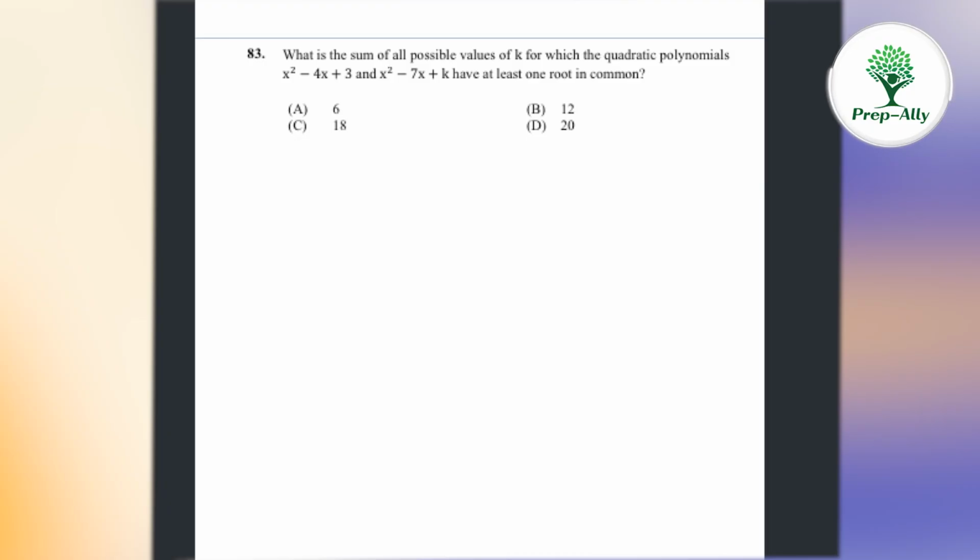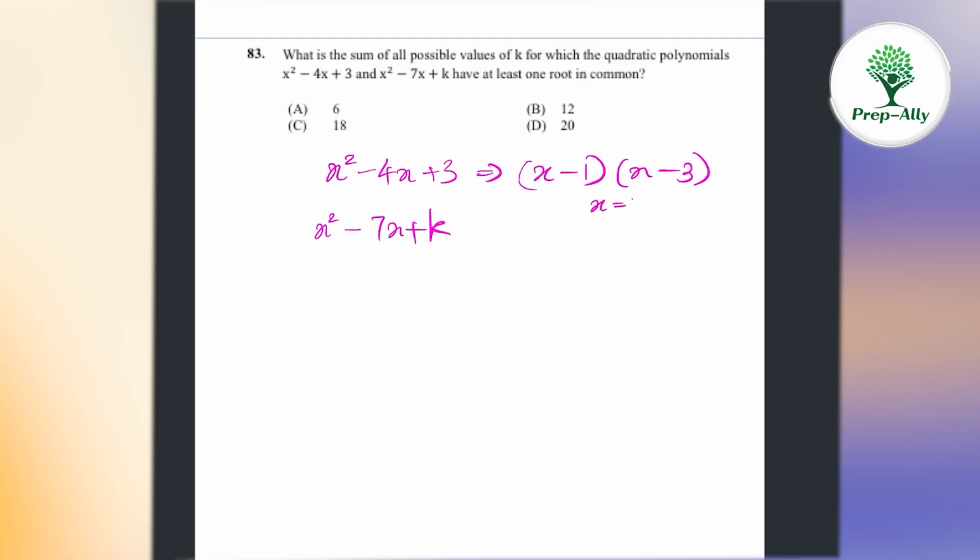What is the sum of all possible values of k? In question number 23, we're given two quadratic polynomials, x square minus 4x plus 3 and x square minus 7x plus k, and they have at least one root in common. This is factorized as x minus 1 times x minus 3, and the roots are 1 and 3.